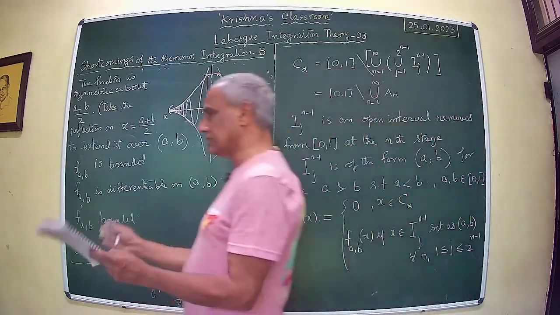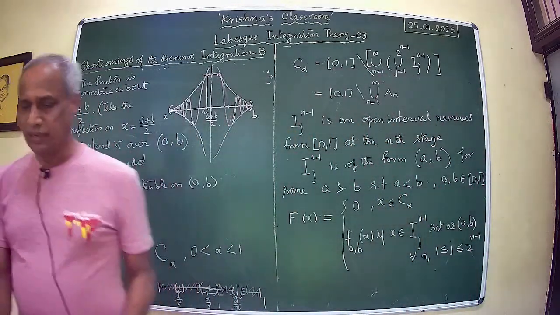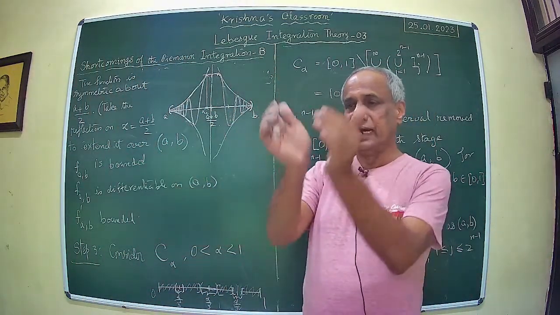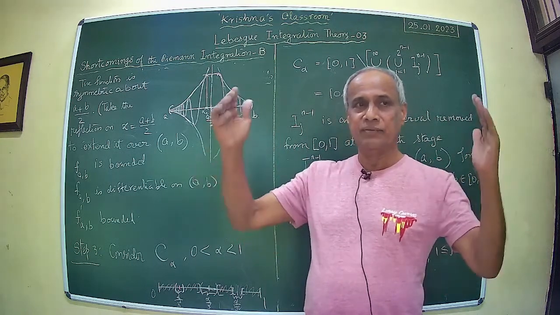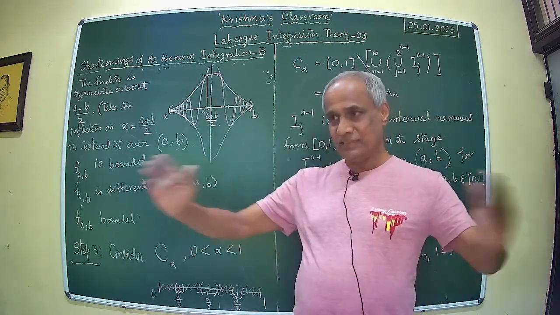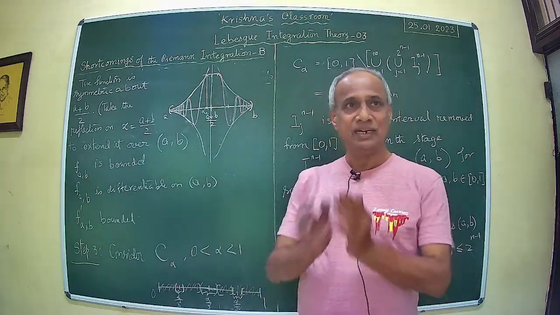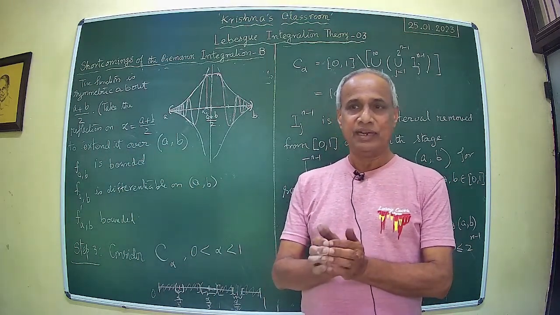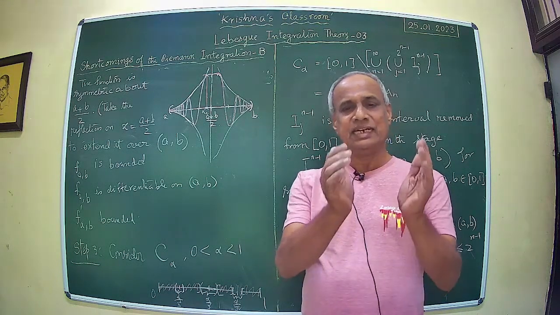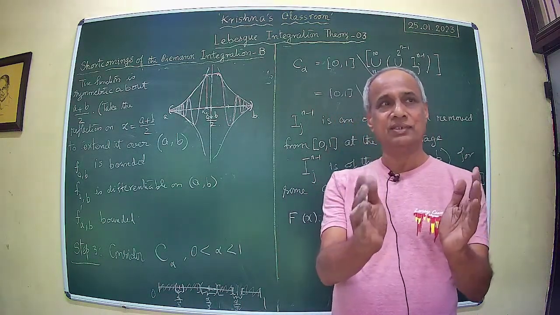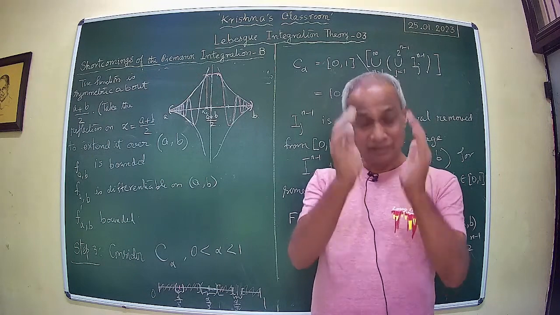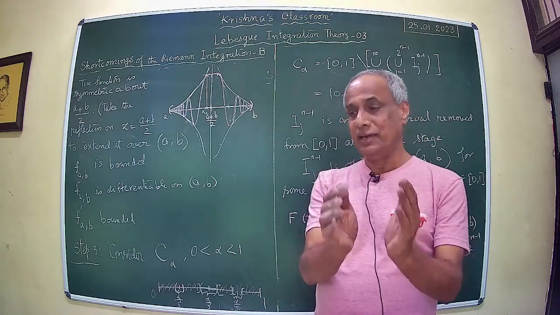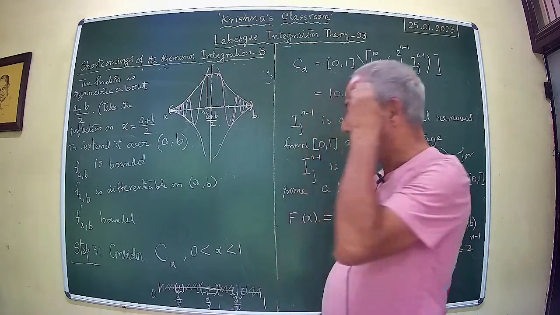So what you do is, see how this C alpha is constructed: take the interval 0, 1, start removing open intervals, and eventually the leftover will be what is called C alpha. Now at the nth stage, you take one of those intervals of the form AB, and for that you define f_AB.